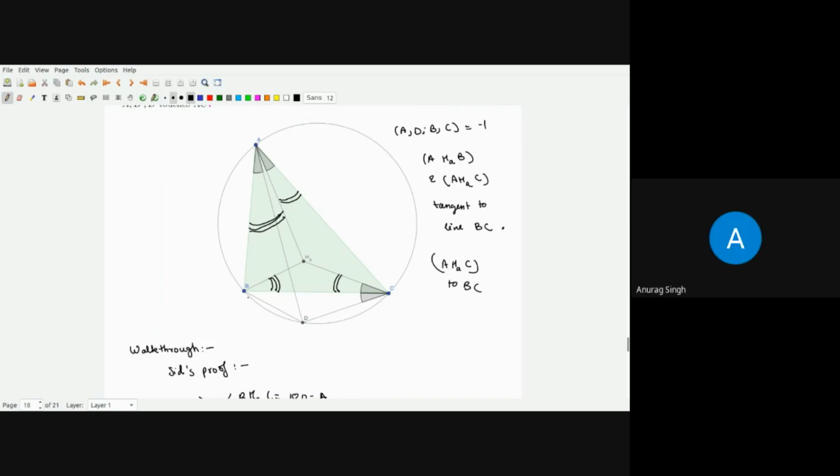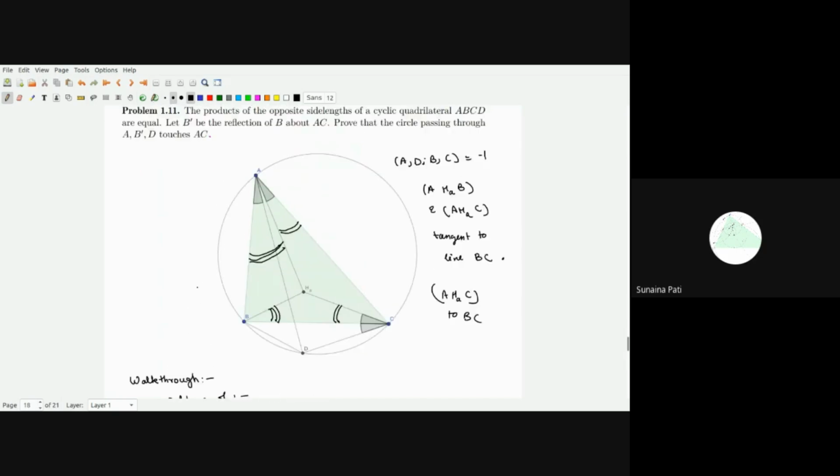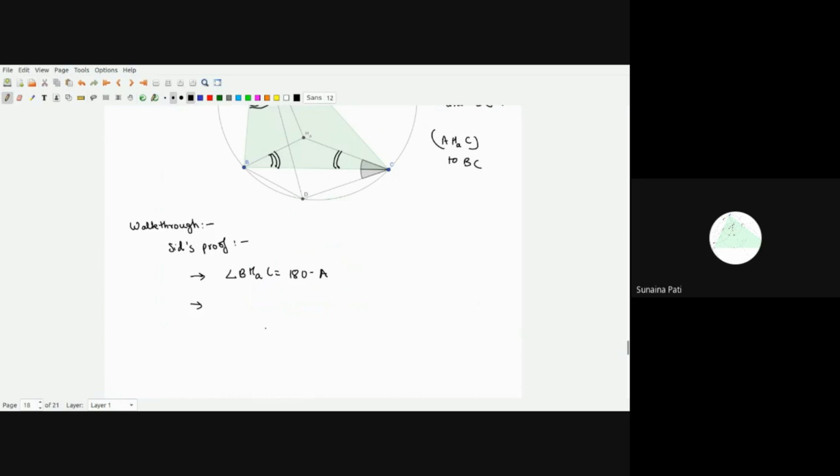Is there any other problem to try? Are you done with these problems, Anurag? Yeah. Okay, then I'll quickly finish it up and give the last problem. Now you define the reflection of HA over BC as D. Now you get that D belongs to the circle ABC.